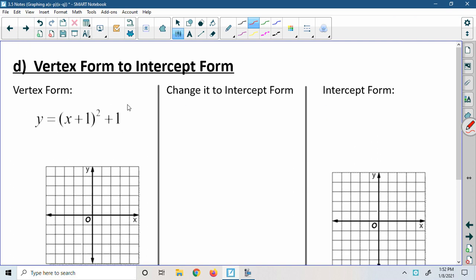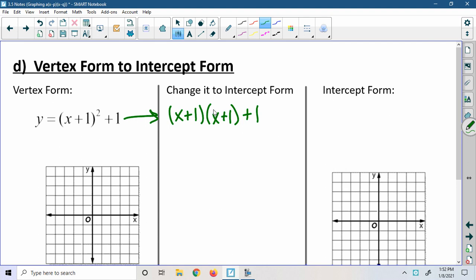Okay, part D, we want to go from vertex form to intercept form. It's going to be kind of similar to what we have done so far. We'll just combine a couple things. So first, we want to take vertex form and we'll do exactly what we did before. Remember, x plus 1 squared equals x plus 1 times x plus 1.